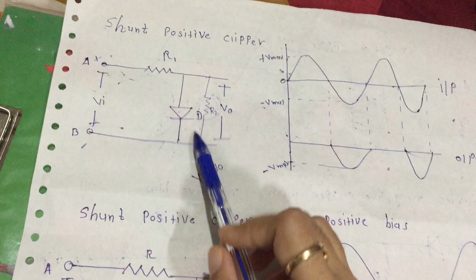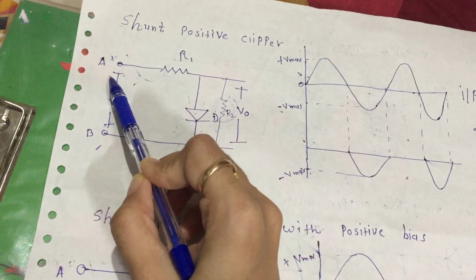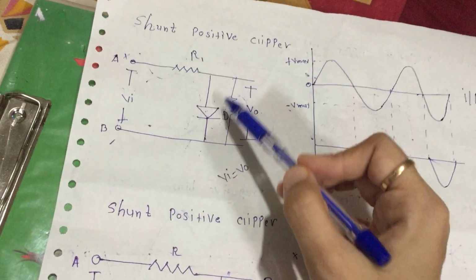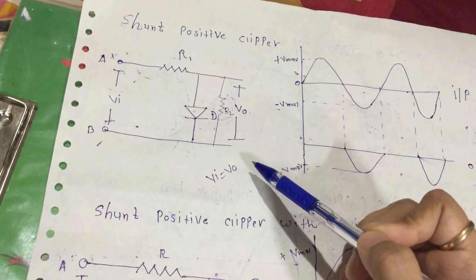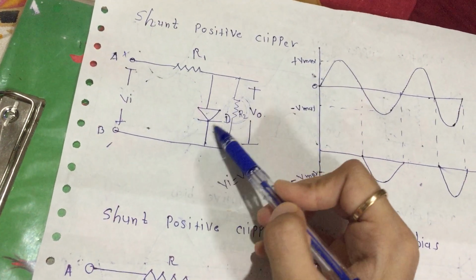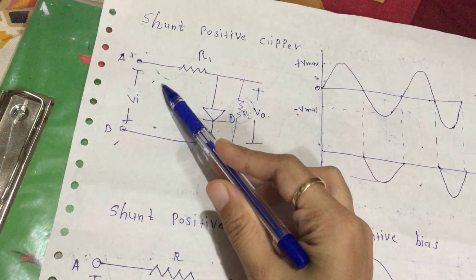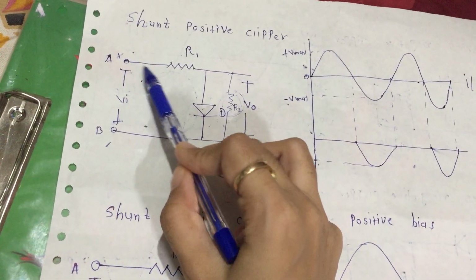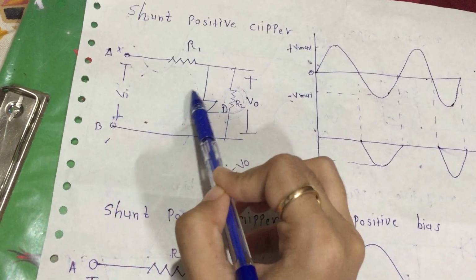Alright, but in reverse bias, let's see, this is negative and this is positive, so the diode becomes reverse biased. Okay, so there is no closed path here, current will flow up this path and this path, but not this path.